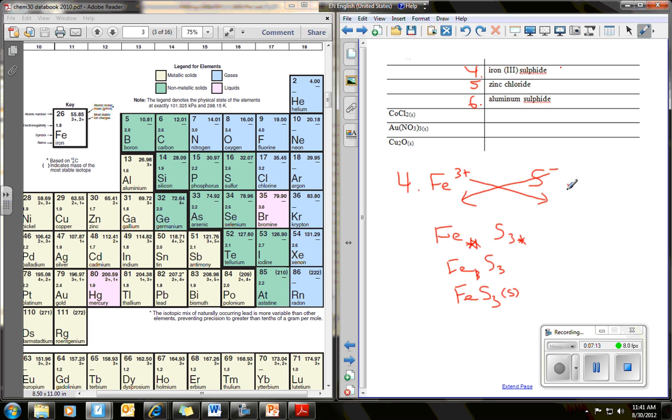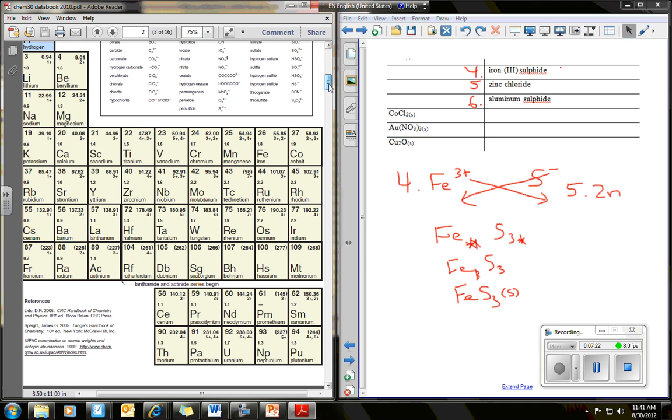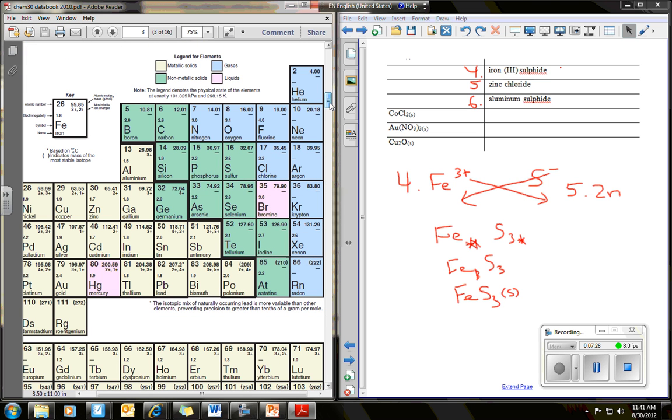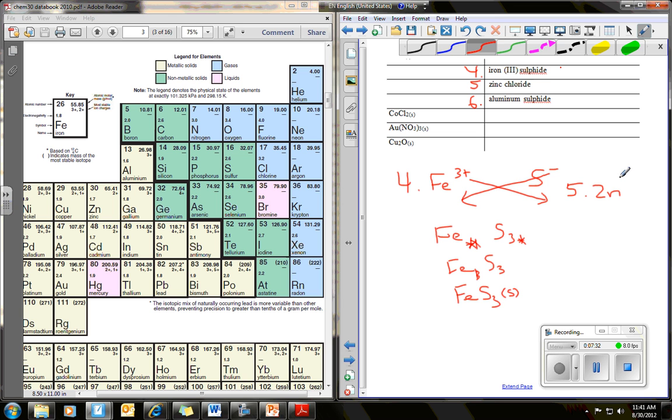And let's just do one more. Let's see if we got room. Zinc chloride. Let's go find zinc. Where are you, Zinkster? Oh, right here. 2 plus. We know it's 2 plus. Let's write 2 plus. Chloride we know is 1 negative.